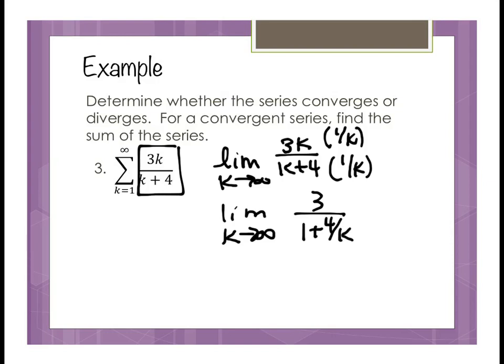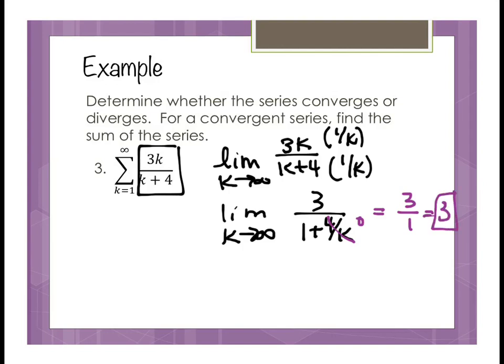Now what? Do you want to finish it for me, Micah? Tell me what's going on. I mean, you plug in infinity more or less, which would leave 3 over 1. Yep. So the 4 over k goes to 0 as k goes to infinity.